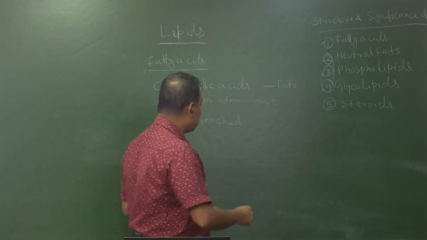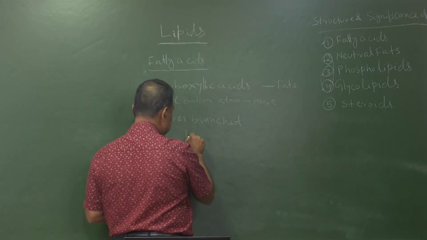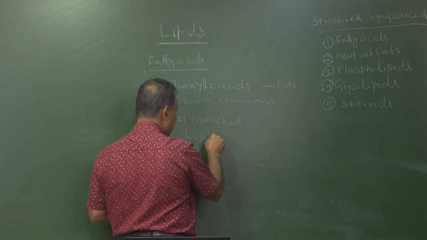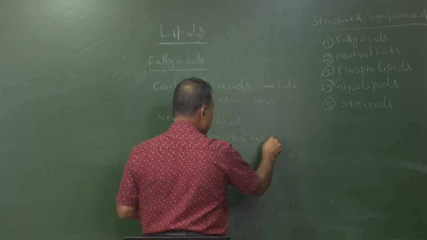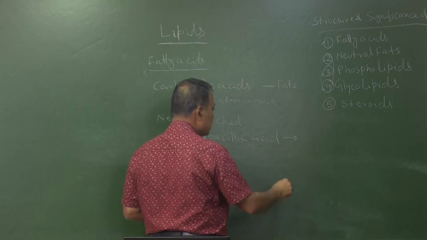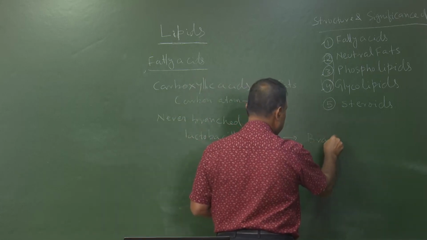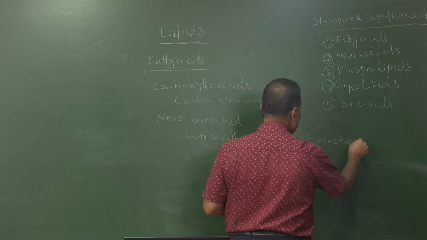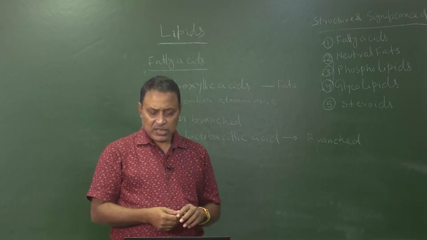So there is one fatty acid that is called lactobacillic acid. So this one is actually branched. Otherwise, all of them are unbranched. They are never branched.